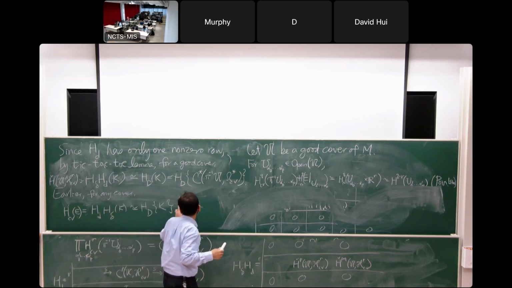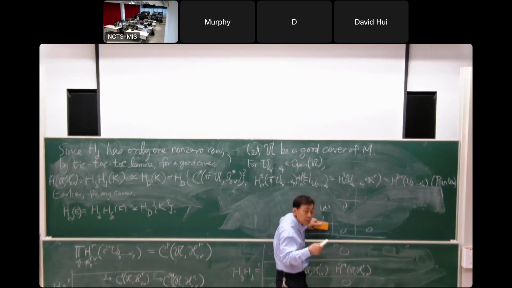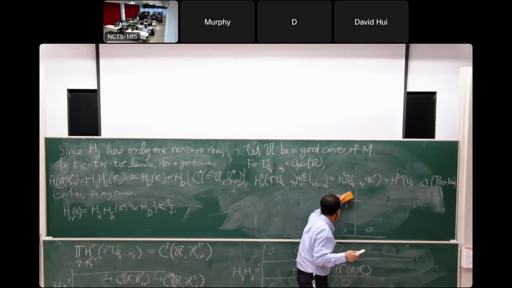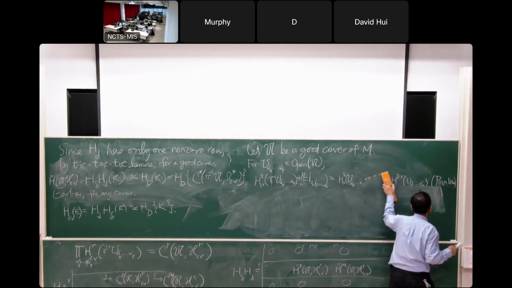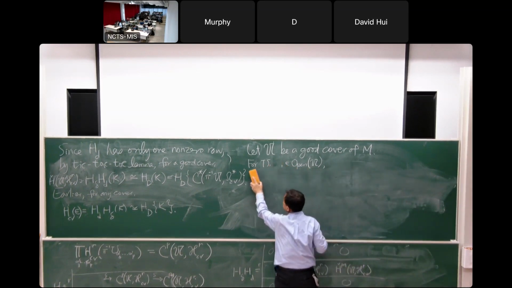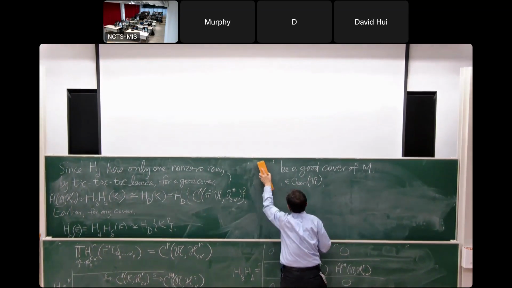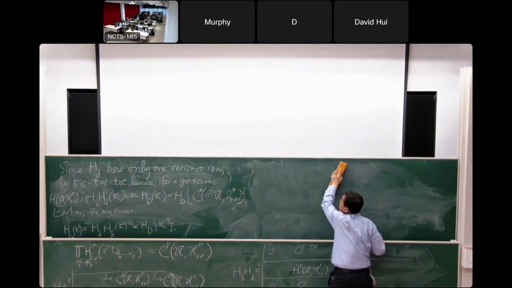So we get this Thom isomorphism because Thom isomorphism calculates the cohomology with compact vertical support of a vector bundle.